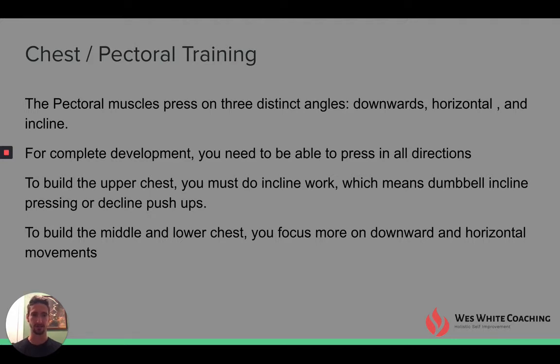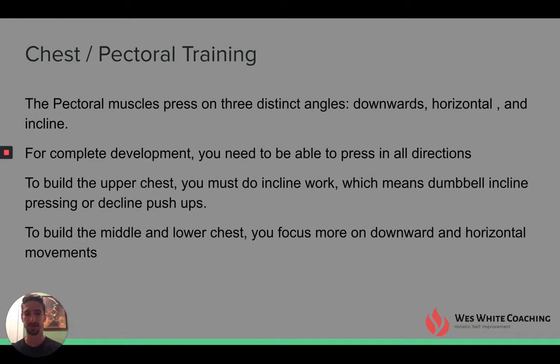So for example, downward movement for dips, you're going to be doing more of like a yoga style push-up, where you're pushing up from the ground and pushing your chest up. And then horizontal is going to be pretty much the same. You're going to be doing regular push-ups or wide push-ups. And then incline is actually going to be reversed for bodyweight exercises. That's going to be a decline push-up.